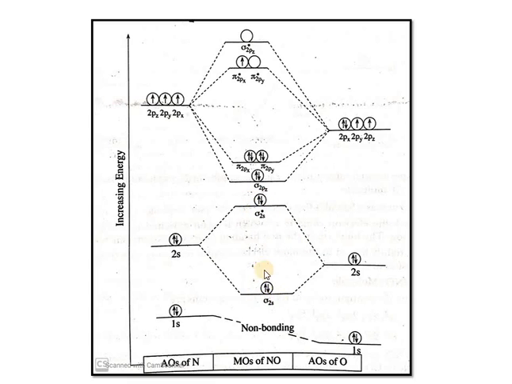So 2 are in the bonding orbital and 2 in the antibonding molecular orbital. Of the remaining 7 electrons, 6 electrons fill the doubly degenerate bonding pi 2px and pi 2py molecular orbitals, and the bonding sigma 2pz molecular orbital.